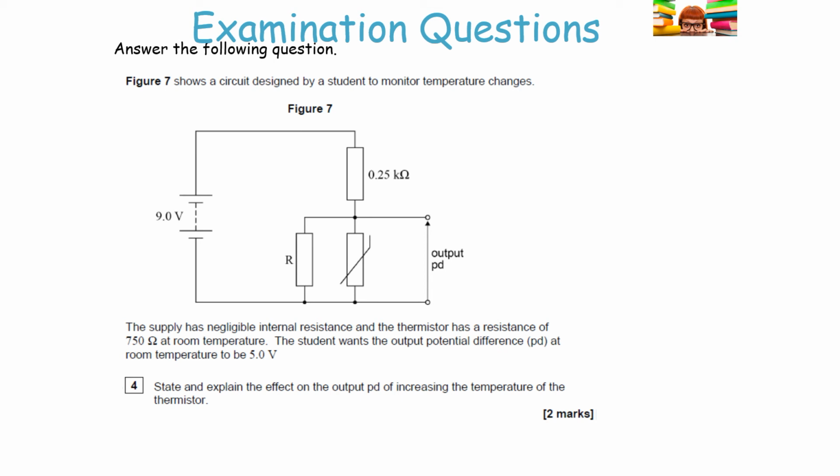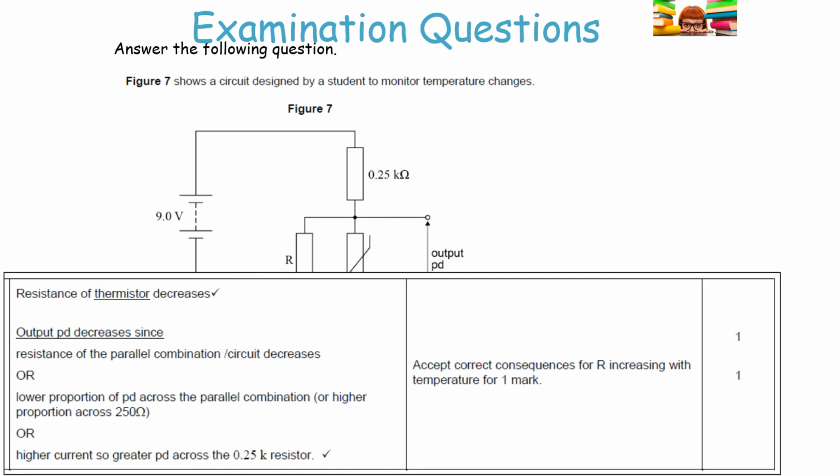Okay, so the important thing you should hopefully remember is that when temperature goes up for a thermistor, the resistance goes down because it releases more charge carriers into the circuit. So therefore, what we can say is the resistance of the parallel combination will decrease.